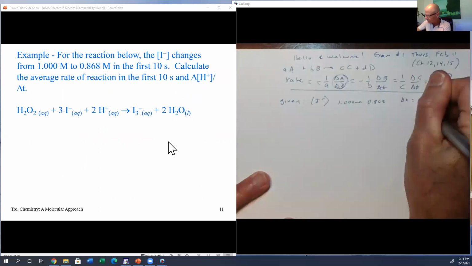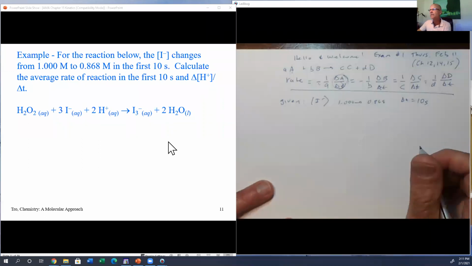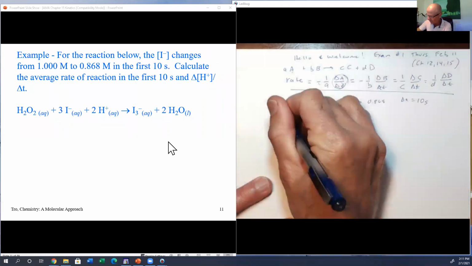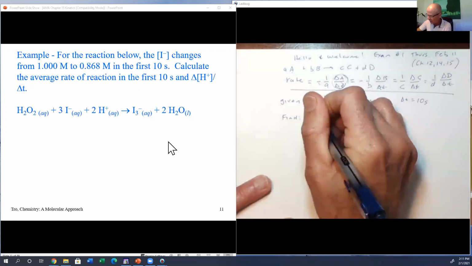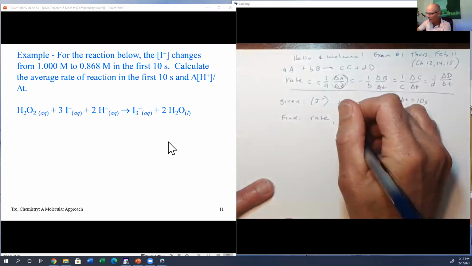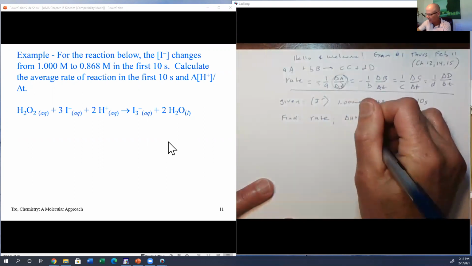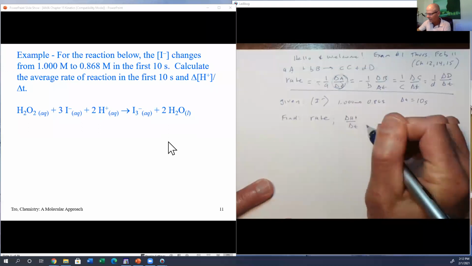Delta t equals 10 seconds. Calculate the average rate of reaction in the first 10 seconds. So we want to find two things. We want to find the rate of the reaction. That's the first thing. And in addition, we want to find the rate of change of one of the reactants, delta H over delta t.